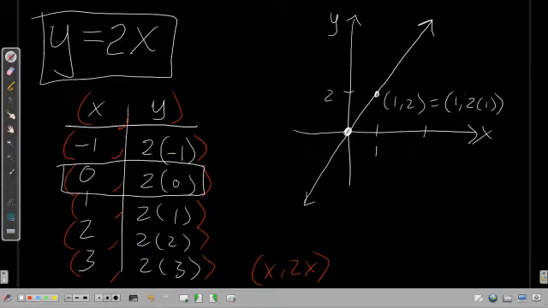And if that's 8, then this ordered pair up here is 8 comma 2 times 8, 8 comma 16.